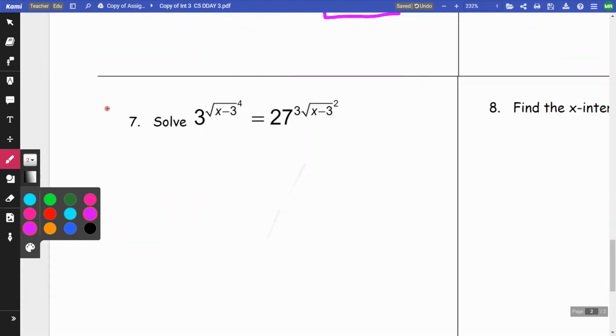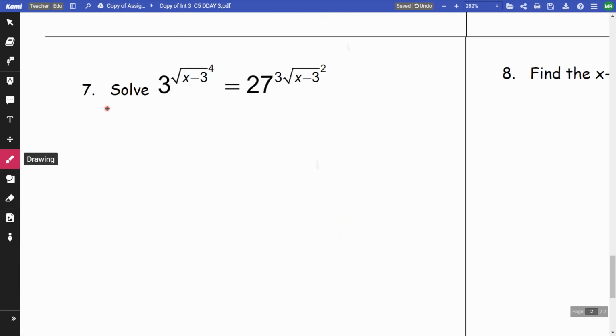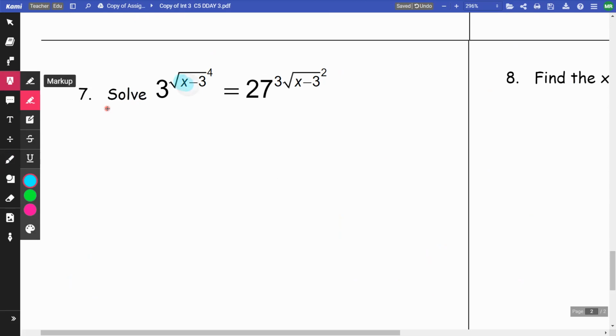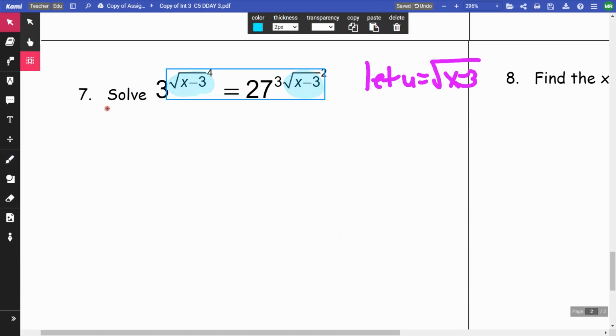On number 7, on one like this, when we see that we have this square root of x minus 3 in both of them, I am going to let u equal the square root of x minus 3. Okay, let me just color code that.